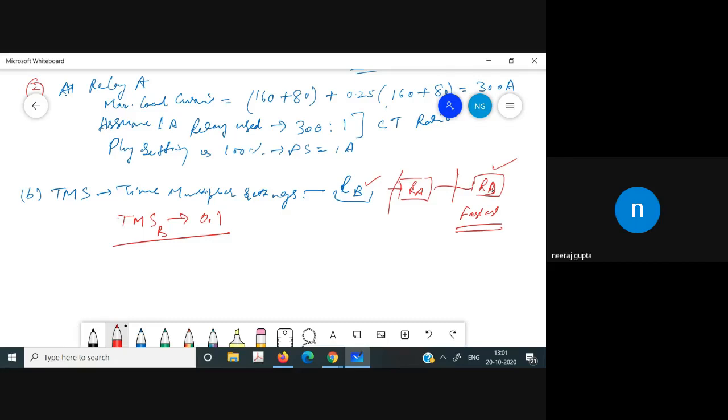Now, as we have discussed previously, in order to maintain selectivity between the two relays, we have to take into consideration that the operating time of relay A is equal to the operating time of relay B, operating time of relay A for maximum fault at B.